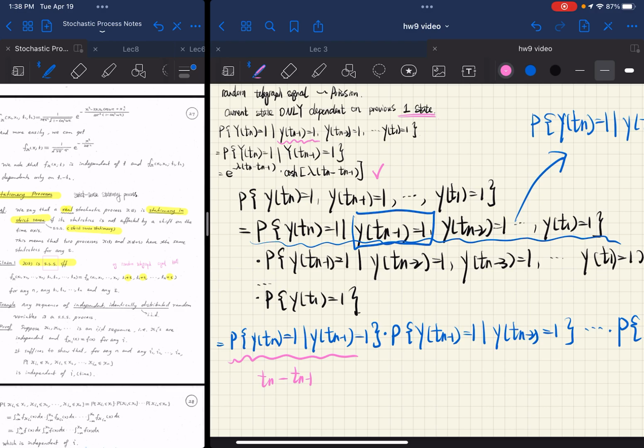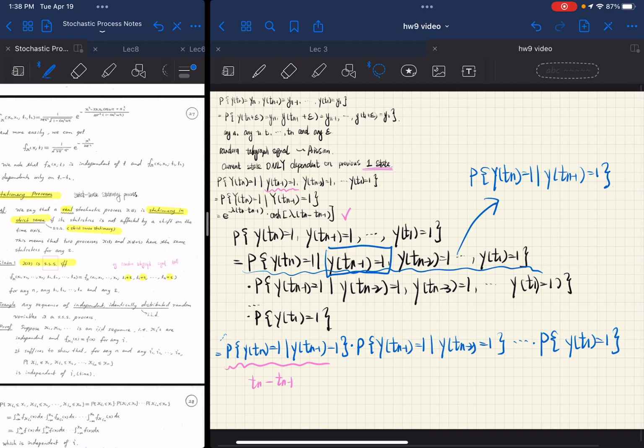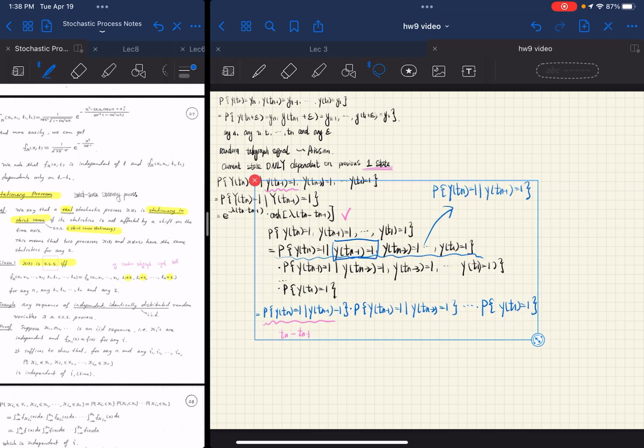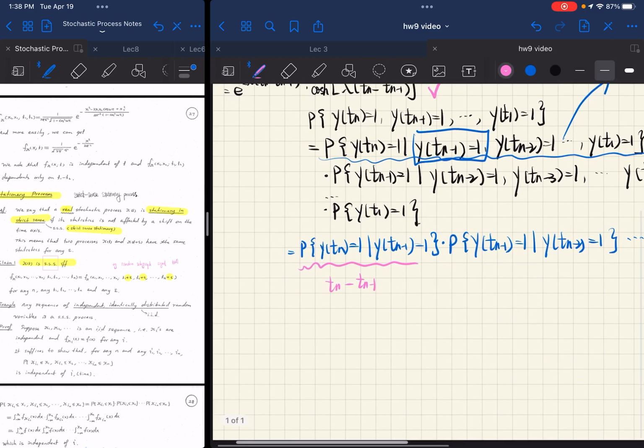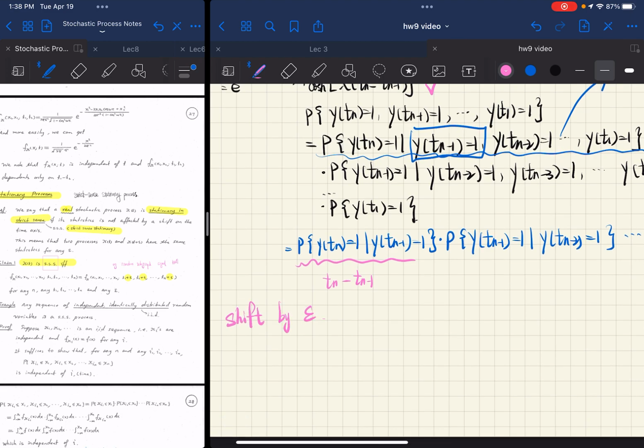So if we shift the above equation by time interval eta, we have tn minus tn-1.